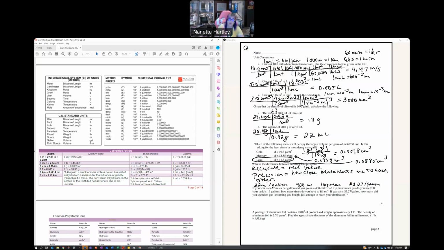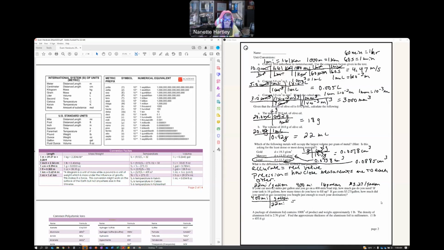Now, all I've done is pull all of the numbers out of that question. I like to pull them out because then I don't have to read the whole thing. How much gas do I need for a 400-mile road trip? So if I'm traveling 400 miles, and my car can travel 22 miles per gallon, then that tells me how many gallons I will need. 400 divided by 22 gives me 18.18.